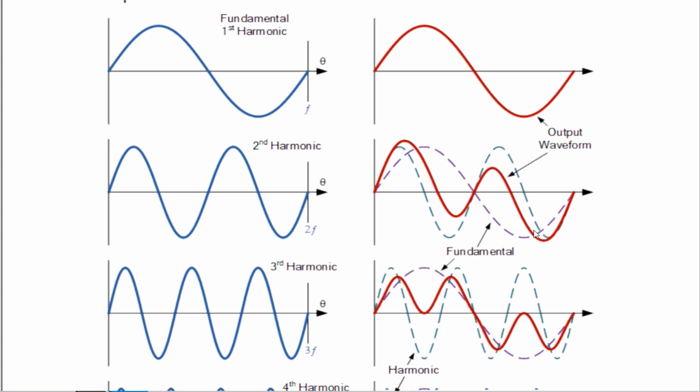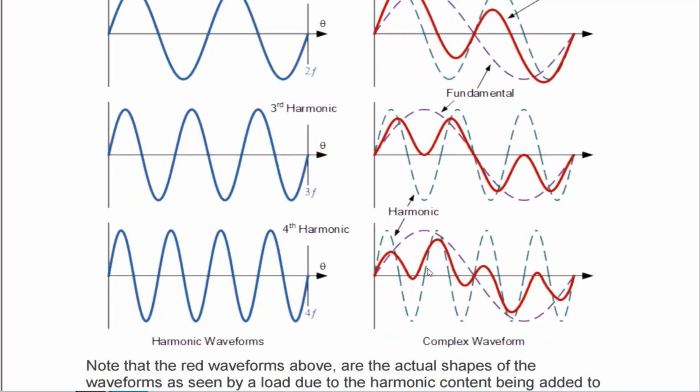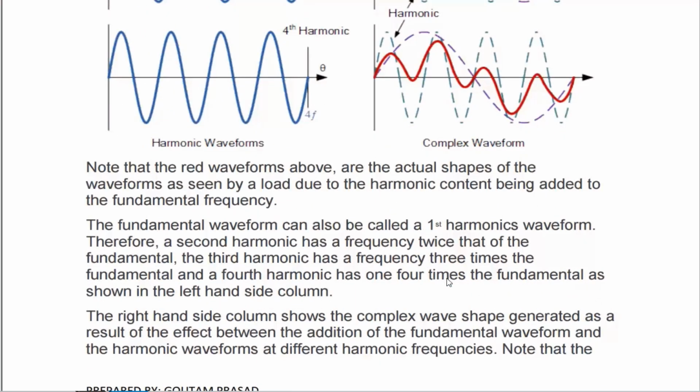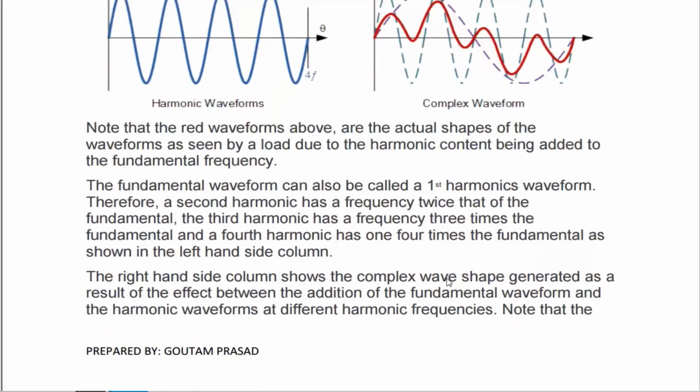When they mix up, they are not the exact sine wave that we expect. If the third harmonic is superimposed on the fundamental wave, it creates this type of red wave. So the resultant is distorted, and you will not get the pure sine wave.